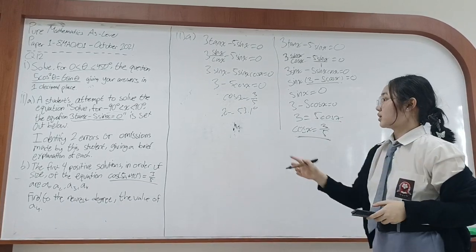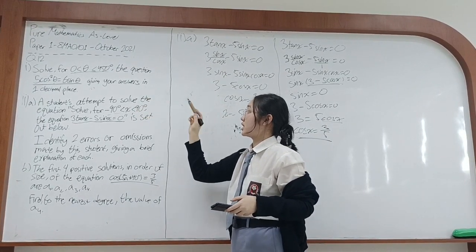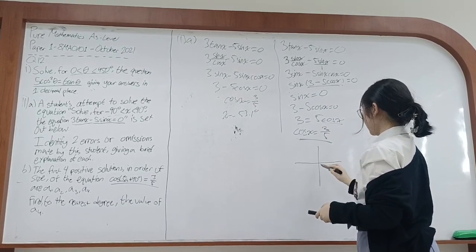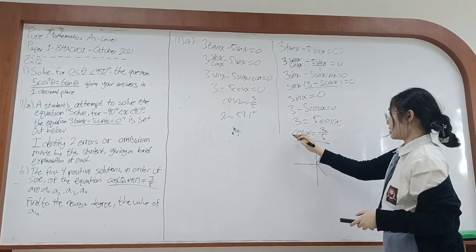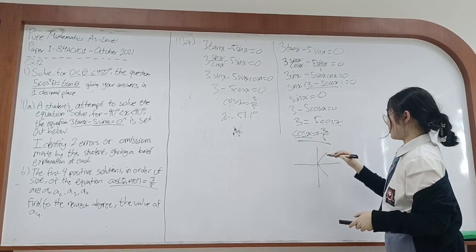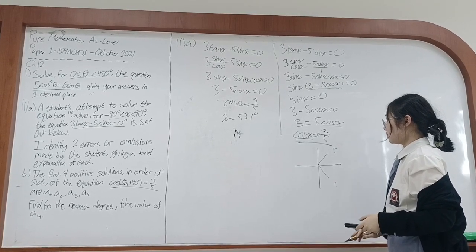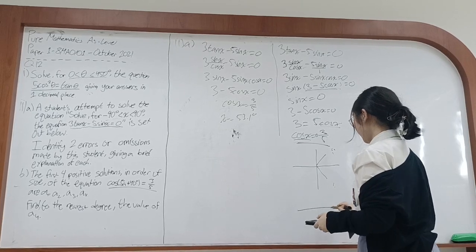So let's look at the question again. The domain is minus 90 degrees is less than x is less than 90 degrees. So if we draw it right here, that means we'll take from here and here. And since cos x is positive, the cos will be here on both sides. Or else, if it's easier, we can just draw the graph.